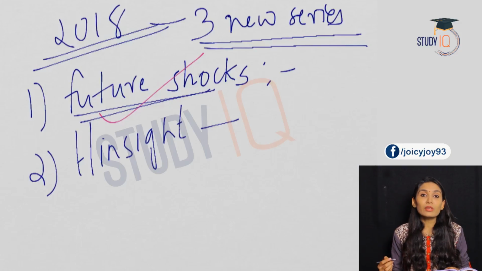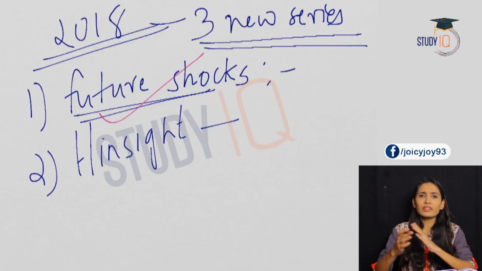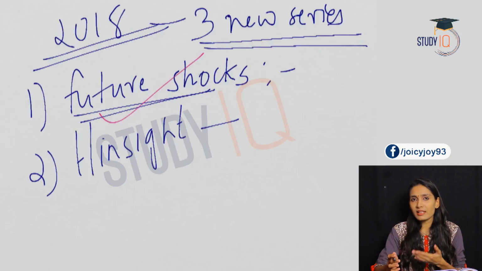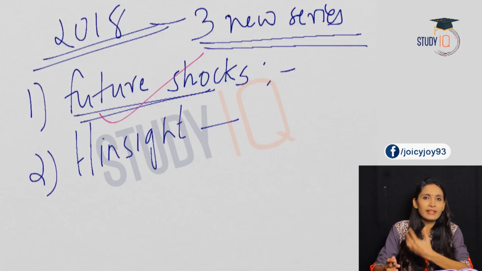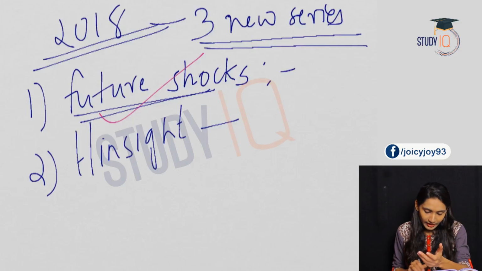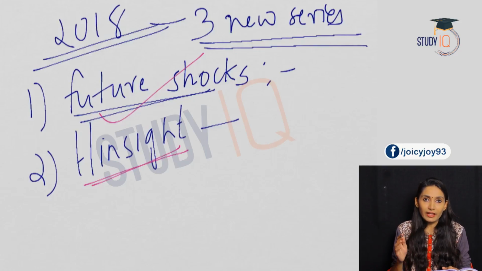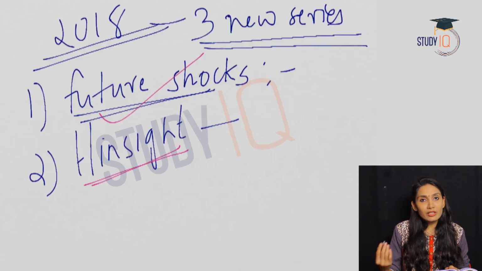Hindsight means looking back to the previous risk. So we said that every edition of the global risk report will highlight certain risk. This is in the year 2018 and this is the 13th edition. So previously there were some editions and those editions also highlighted some risk. So under hindsight, the report looks back to the previous risk and also analyzes the evolution of this risk.